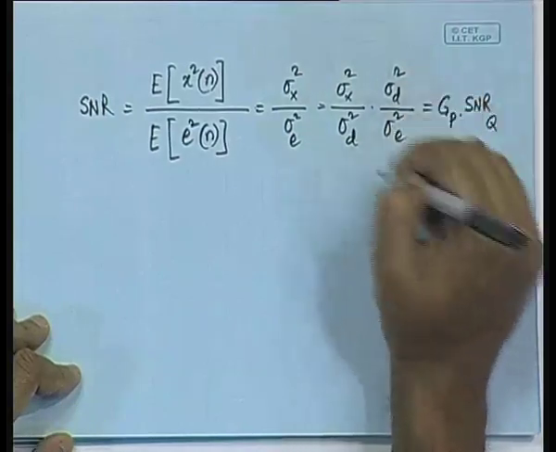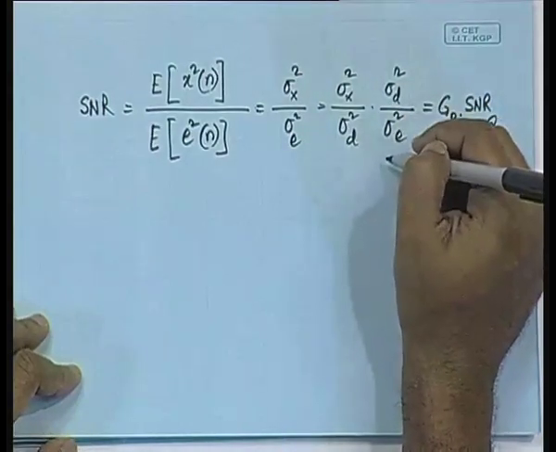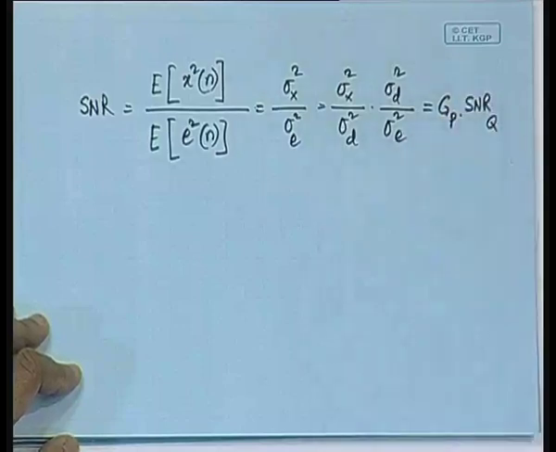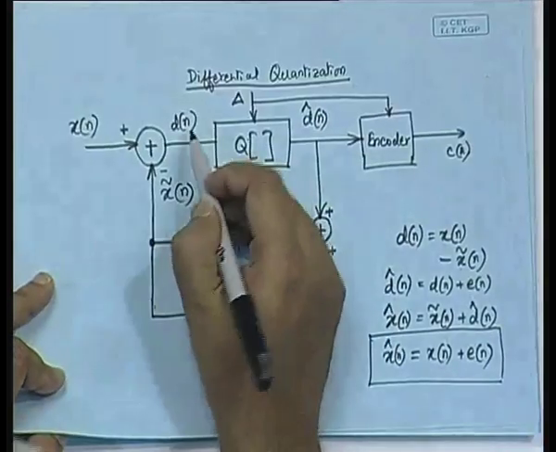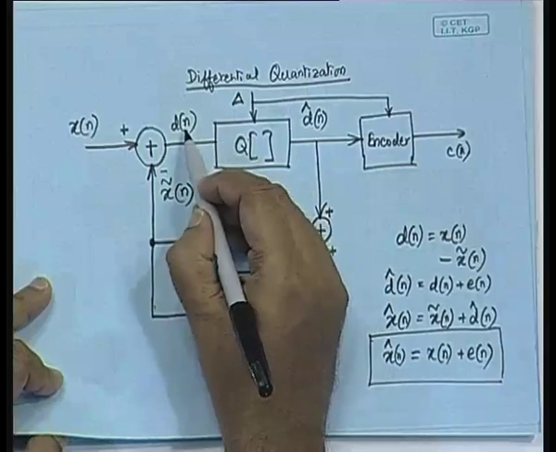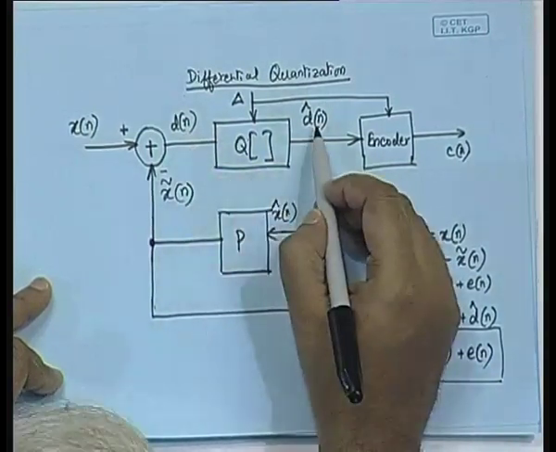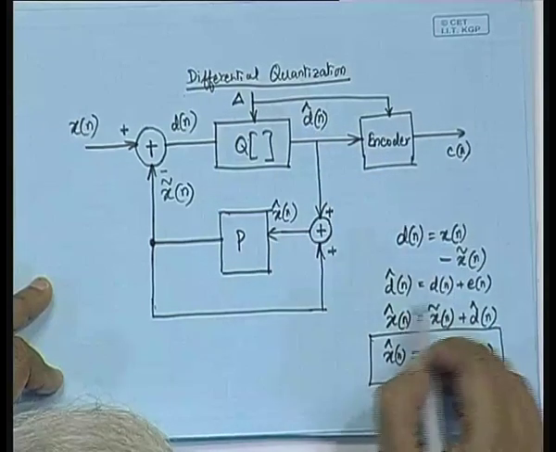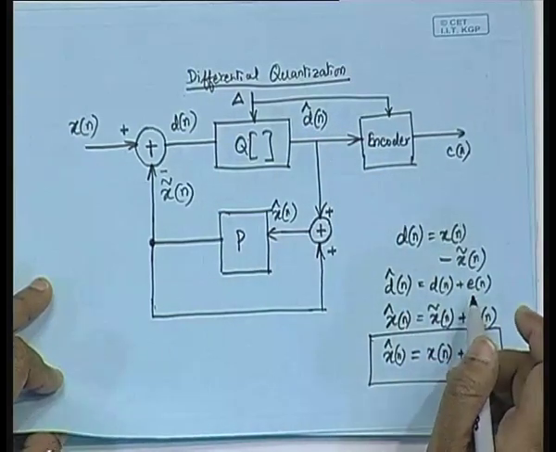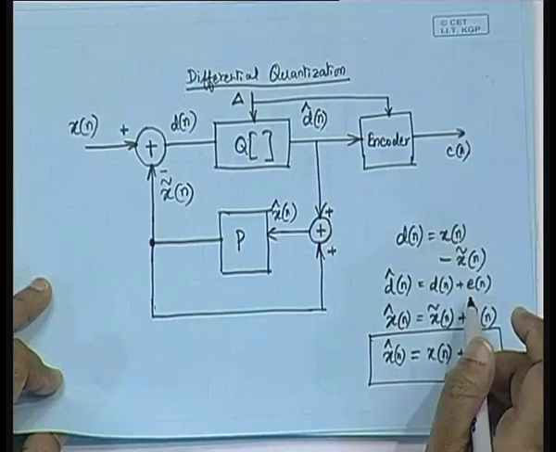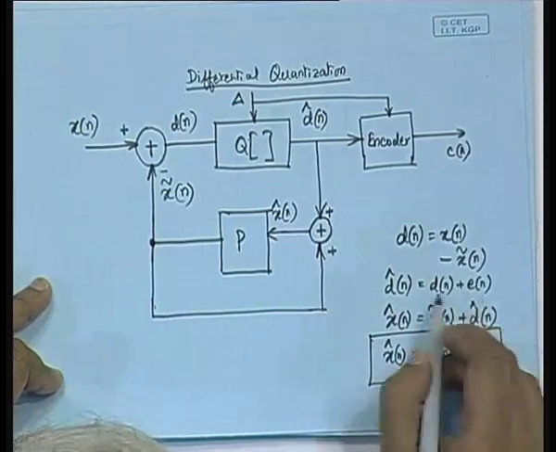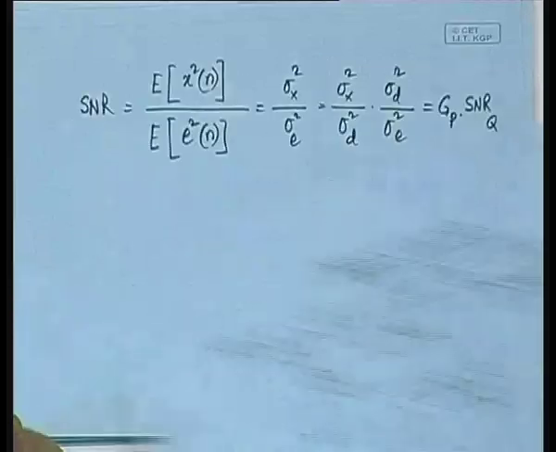After all, what is this sigma square d by sigma square e? Just look at this block diagram. To the quantizer, d is the input signal, and d cap of n is the output. d cap of n is nothing but d of n plus e of n, so e of n is the noise or the error component. The quantization noise is e of n, right.